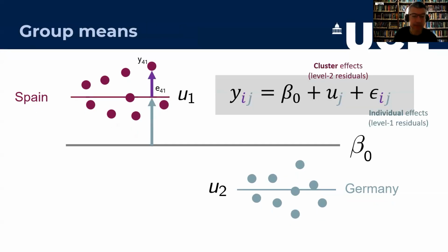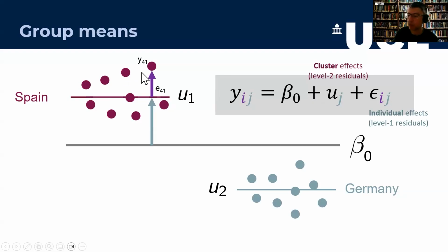Effectively, if we have here a new notation that tells us that this is an observation for subject i in country j, so this could be country 1 and 2 for Spain and Germany, respectively.